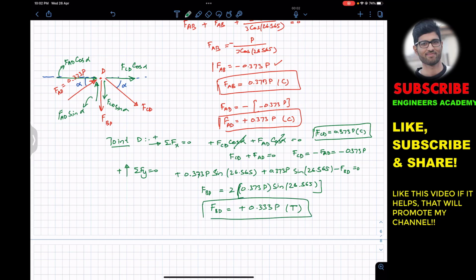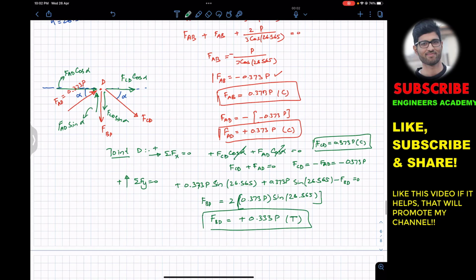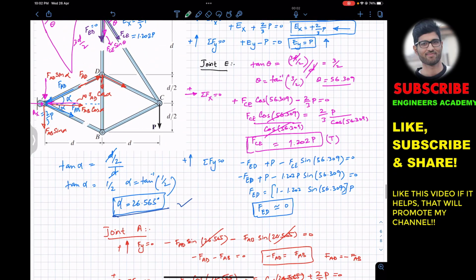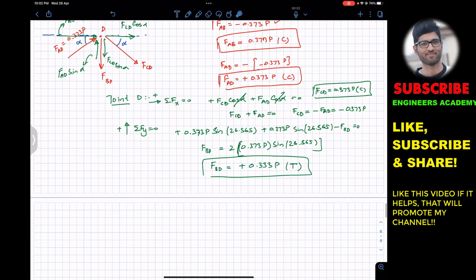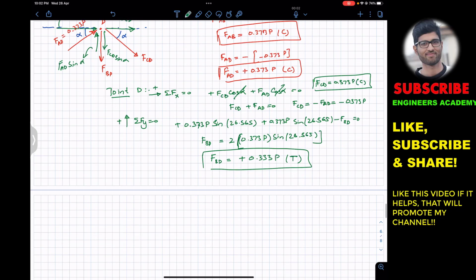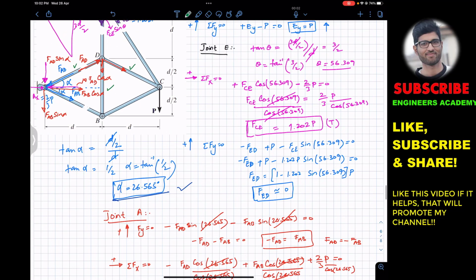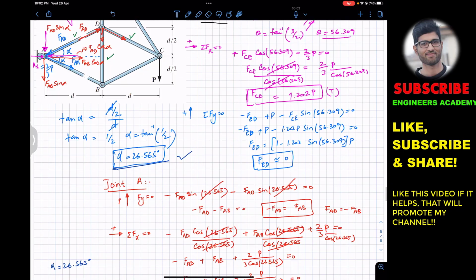So now we know FAD, we know FCD, and we know FBD. Now we need to find the force in this BC member. So for that we have to consider the joint B. So at joint B we have the BC force, and here we have AB.